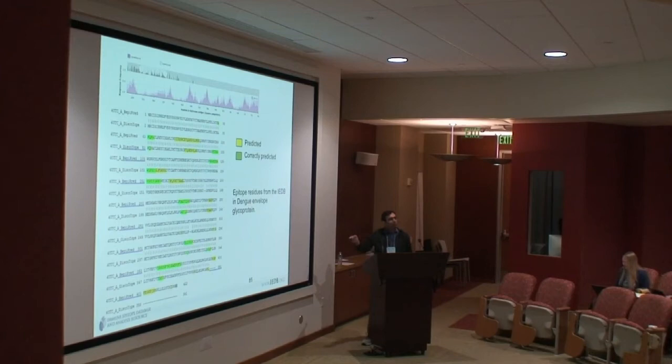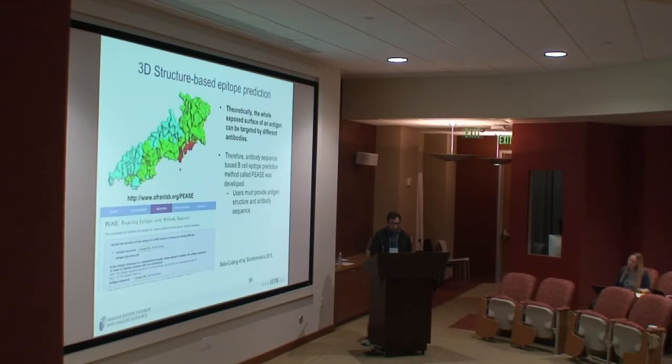There is one more downfall, which is that basically the whole surface of a protein can be the target of some antibody out there. So people have developed methods which take into account the antibody receptor sequence, the B-cell receptor sequence, and predict the epitopes only for that antibody sequence.